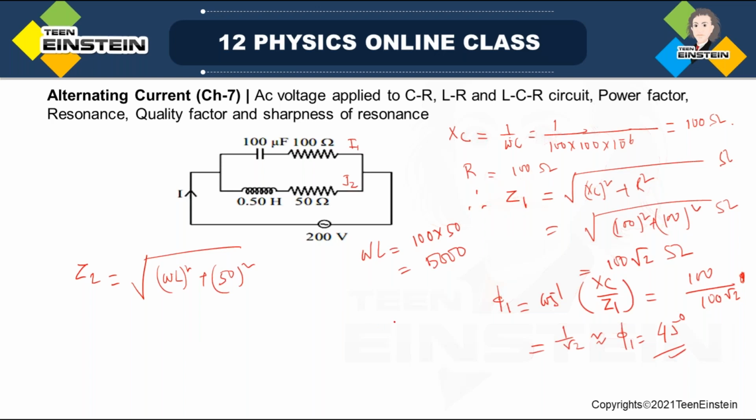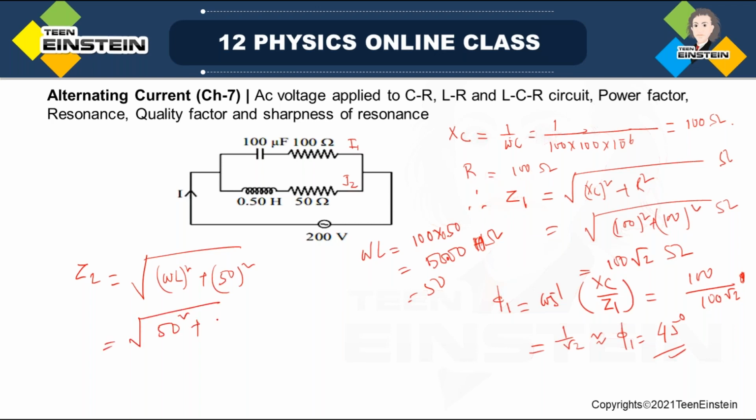I think omega into L is actually 0.5. Oh, this is 0.5. So it will be 50 actually, 50 ohm. Sorry, omega L is in ohm now. Omega L is also 50 and this is also 50.